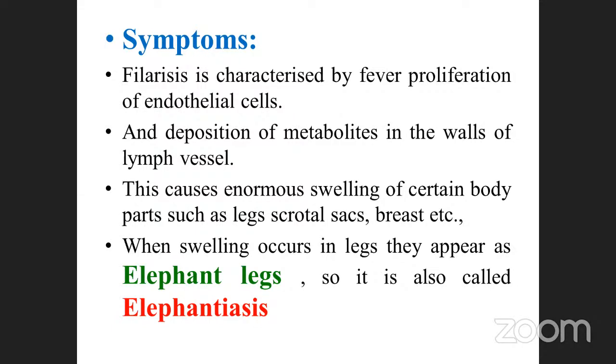Metabolites. What is meant by metabolites? Will you please tell me what types of metabolites you have already studied? Anybody? What are metabolites?